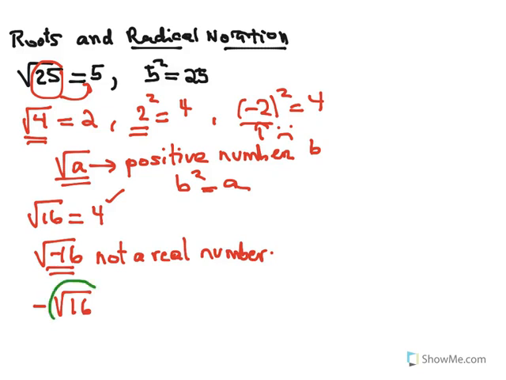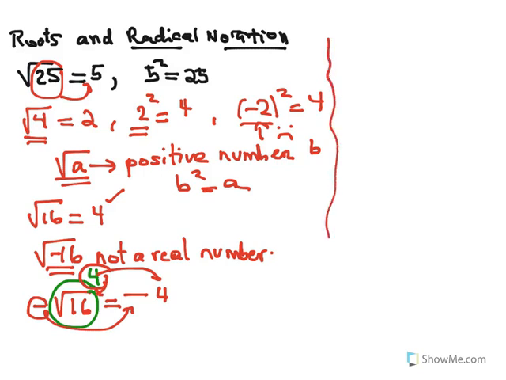Well, I know that this is 4, right? So I will have this 4 right here, and then this negative sign in front of it, negative 4. In other words, you are doing the square root, and then you are multiplying by negative 1.